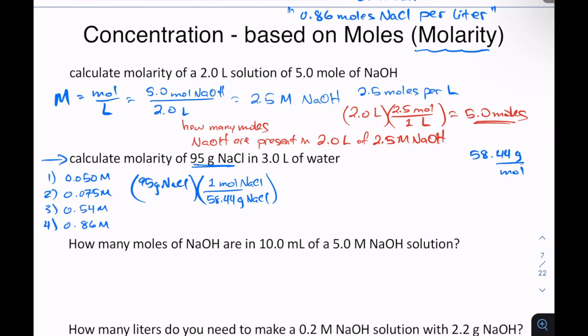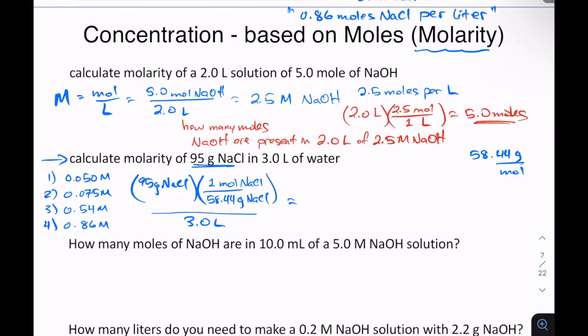So you could calculate moles right now and then divide it by the volume, or you can just say, I know that when I do that calculation, that's going to give me the moles, and so I'm going to be dividing that by the volume, 3.0 liters. And now I have one expression. I can do it all in one calculator expression, or you can divide it into 2 steps. That's perfectly fine. I'm just showing you a different way to do the math.